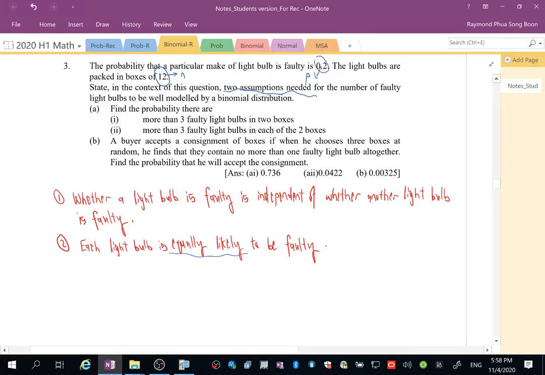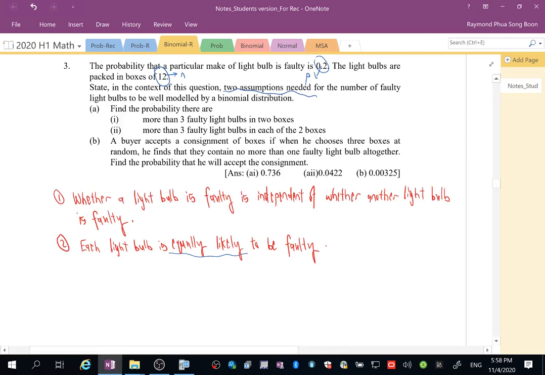This means the probability of success is constant for each trial. You need to fit it into the context of this question. I need to remind you, do not just memorize and regurgitate the conditions of the binomial distribution here. You need to fit it to the context of this question, otherwise you will not get your mark.